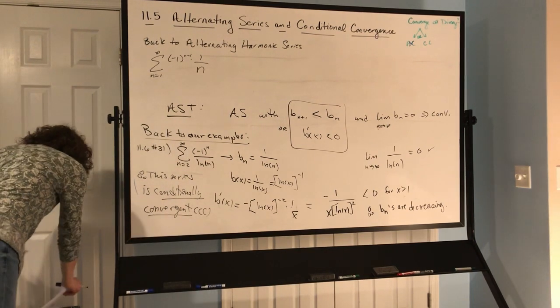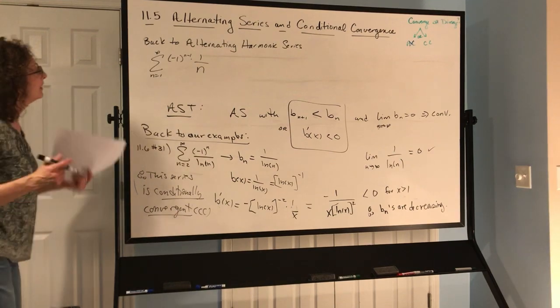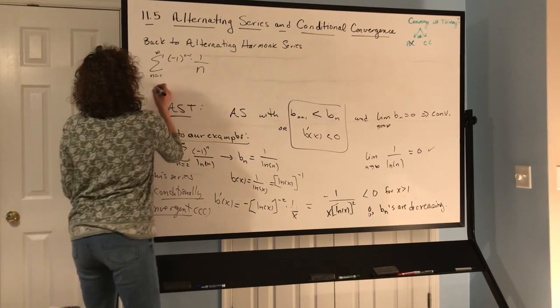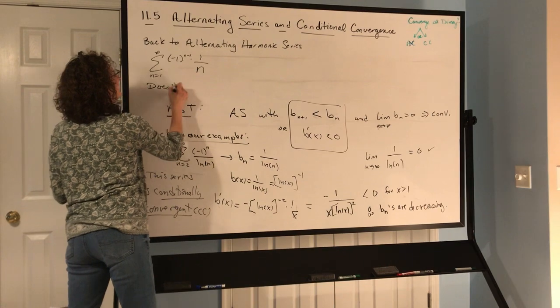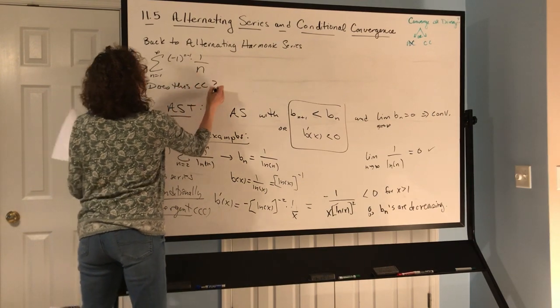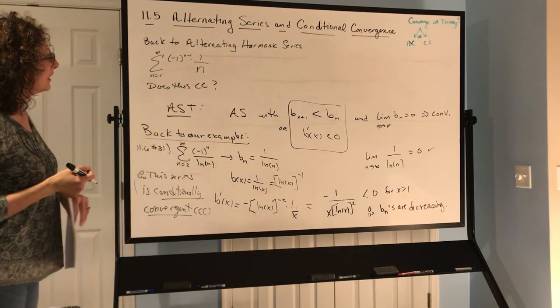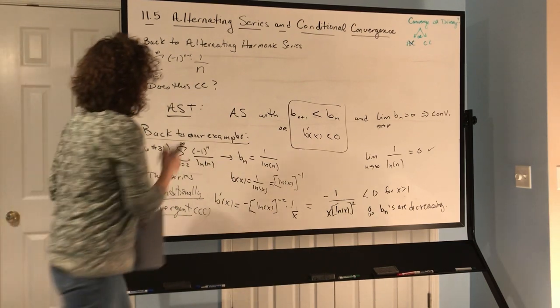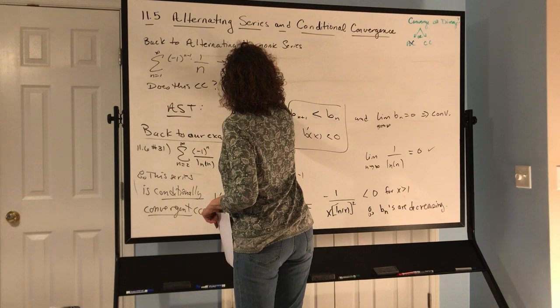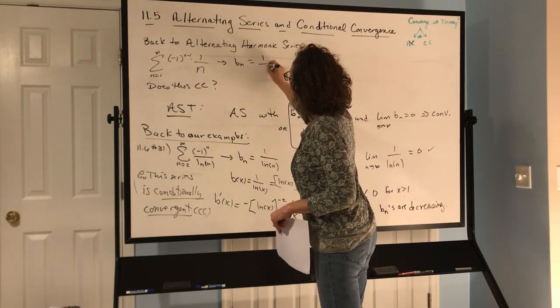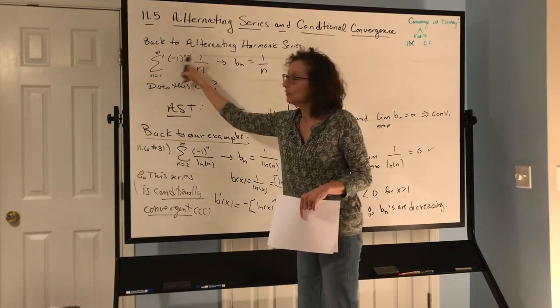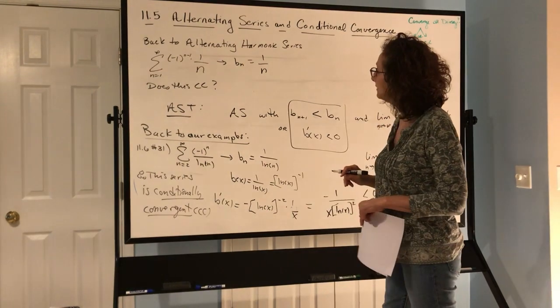So does this converge conditionally? We already know it does not converge absolutely. So what's the b_n here? Well, b_n is just 1 over n. It's just this part, ignoring the sign change piece.